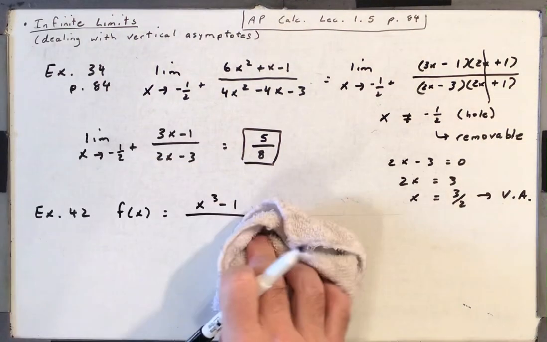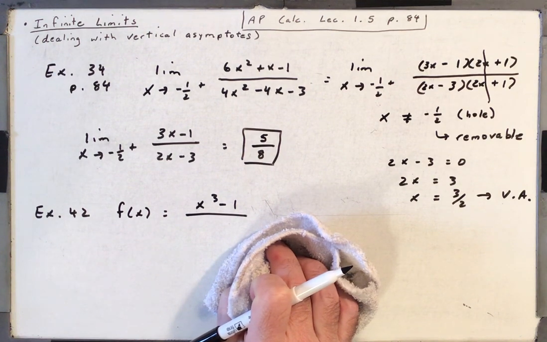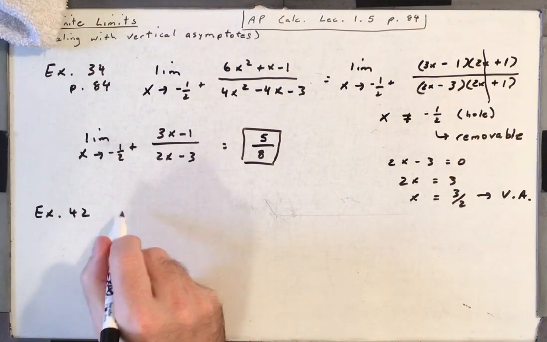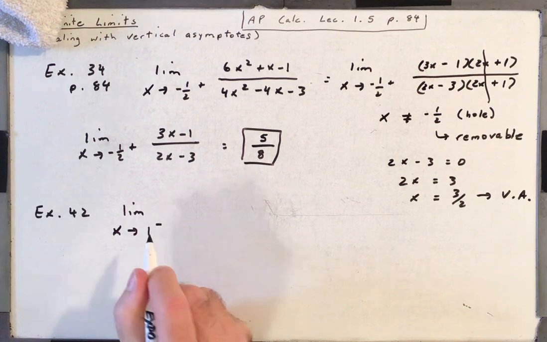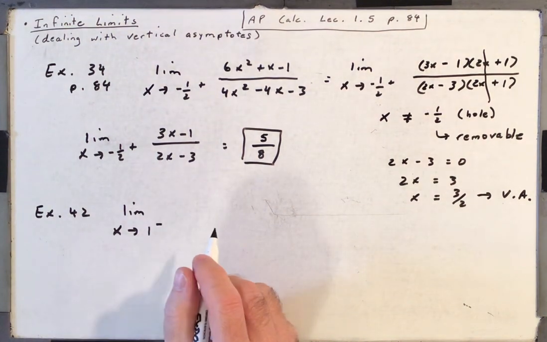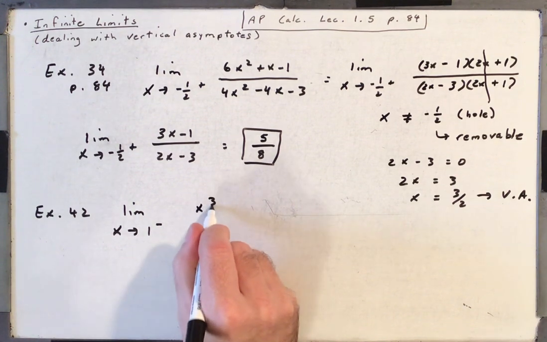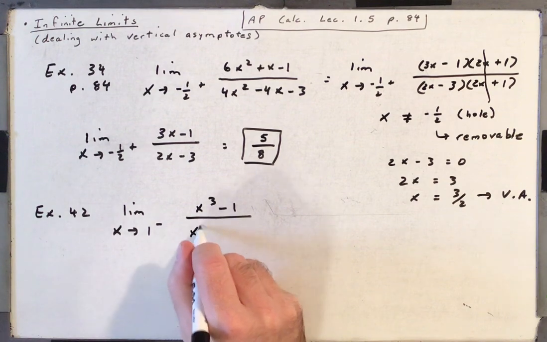Well, let's go ahead and write it out as we're determining the one-sided limit. So the limit as x approaches 1 from the left of x cubed minus 1 over x squared plus x plus 1.